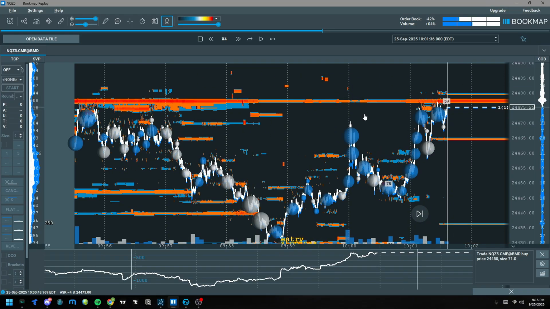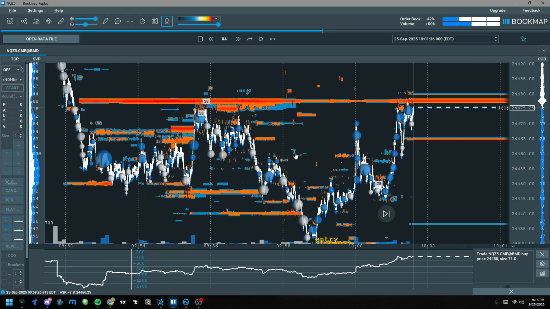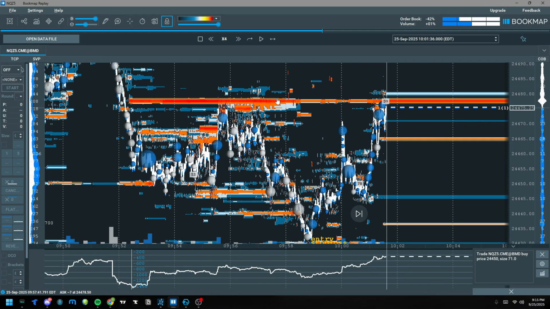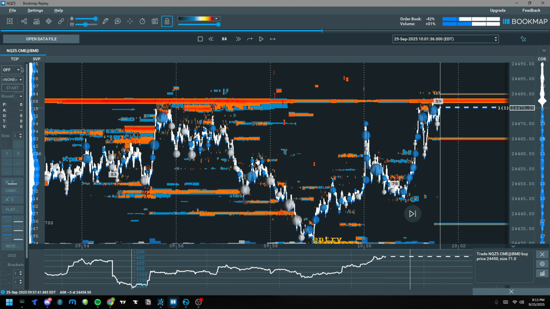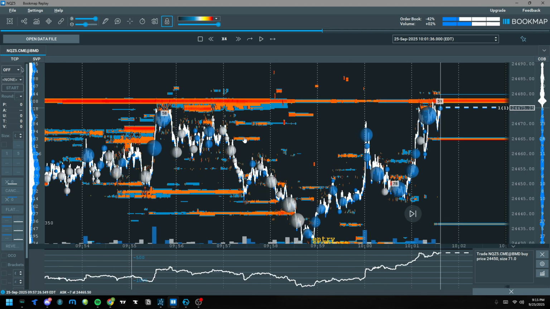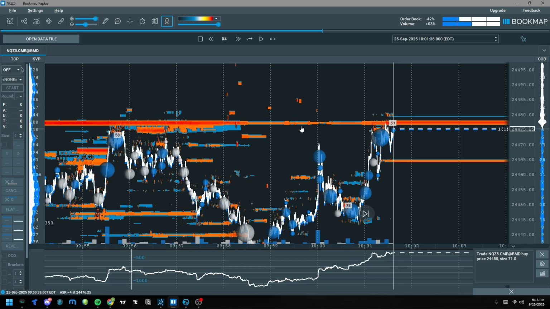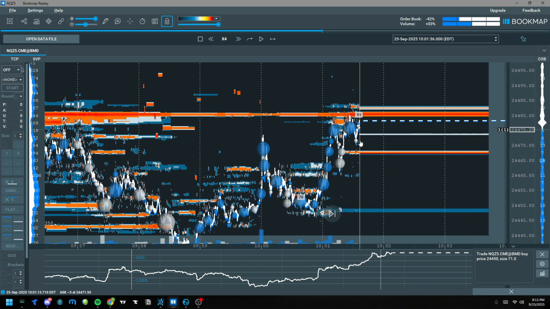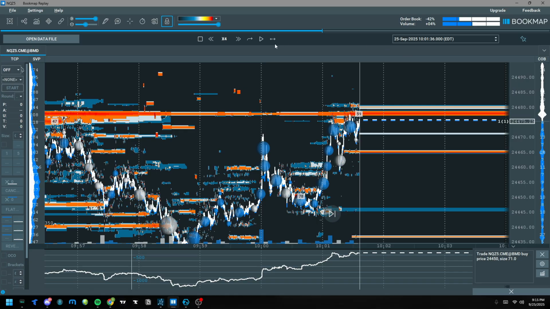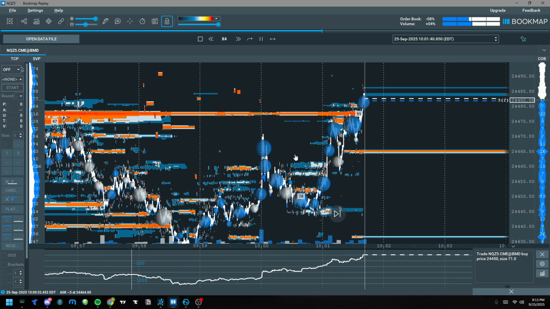All right, and as you can see, that is target number 1 and target number 2 hit right there. So we took this out, and then we traded into here. Keep in mind these orders did remain here, so these orders did get filled, but again, we had too much buying pressure and it just kept going in the buyer's way.